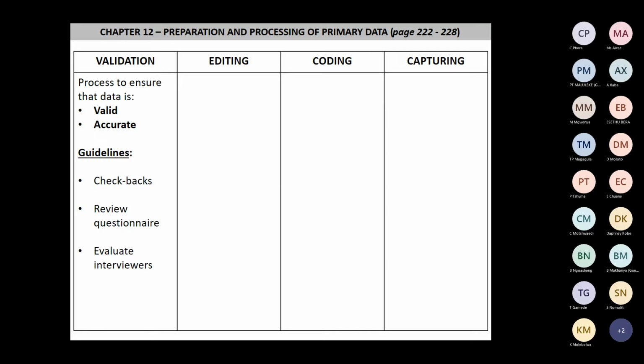Remember, the respondents may have put their contact details in the questionnaire, or we may already have their contact details, maybe because we're using telephone interviews. So we can easily do a random check and call, say, 10 to 20%.